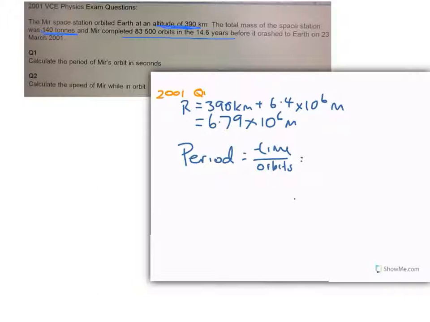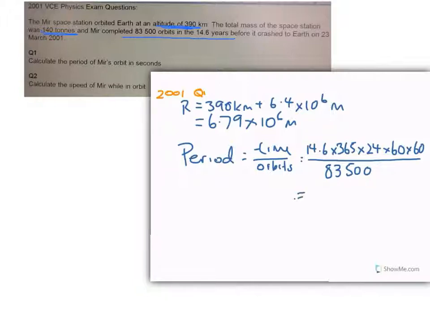So in this case here, it's 14.6 years times by 365, just use 365 days for the number of years, times by 24 hours, times by 60 minutes, times by 60 seconds. And we need to divide that all by the number of orbits, which we're told in the question was 83,500.